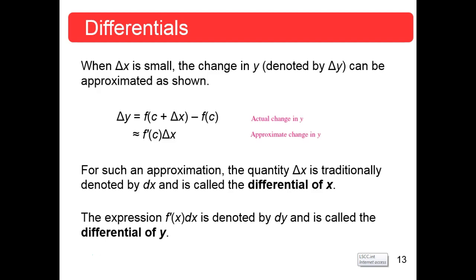For such an approximation, the quantity delta x is traditionally denoted by dx here, and then the change of y is then called dy. So the expression f prime delta x, or dx, is denoted by dy, and is called the differential of y. Okay? f prime dx is called dy from this thing right here. Okay?